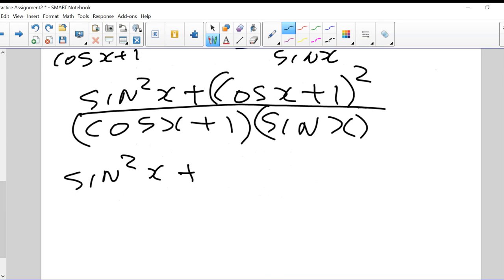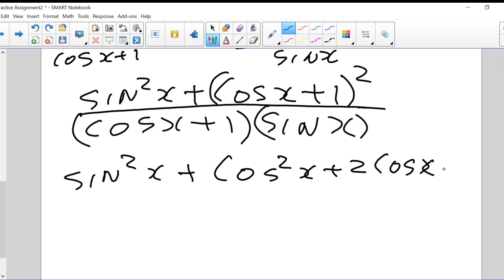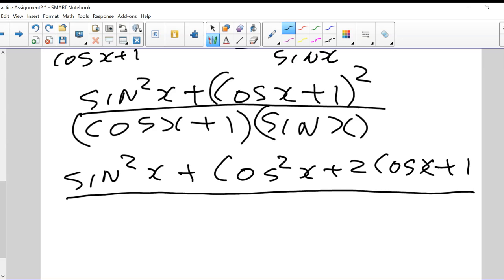It's cos x plus 1 times cos x plus 1. I'm going to get cos squared x plus 2 cos x plus 1. You can do that more slowly to make sure you're getting the same thing. And all of that is over cos x plus 1 times sine x.